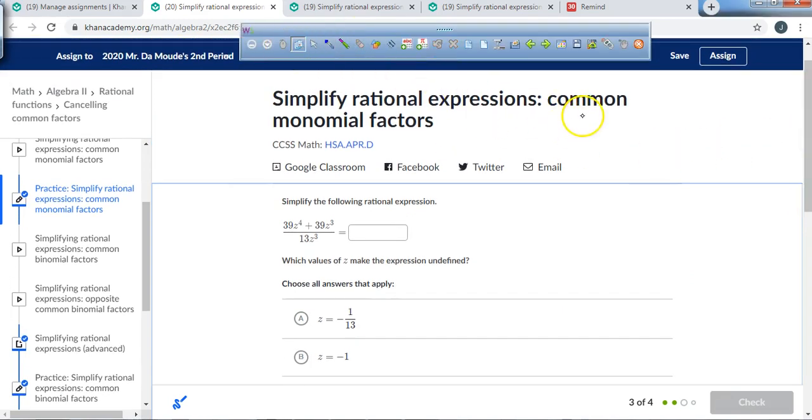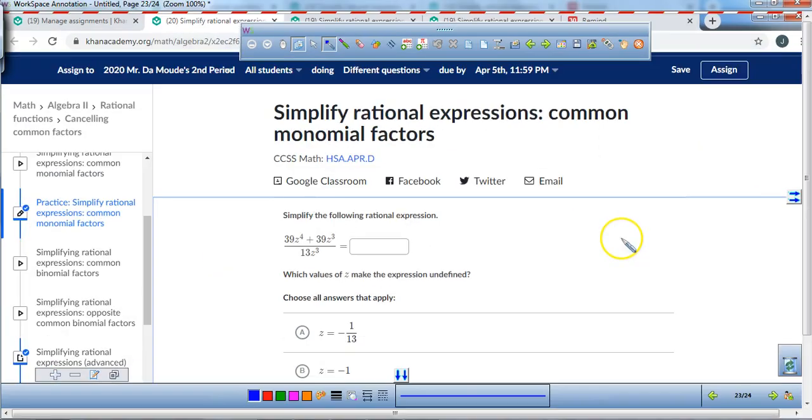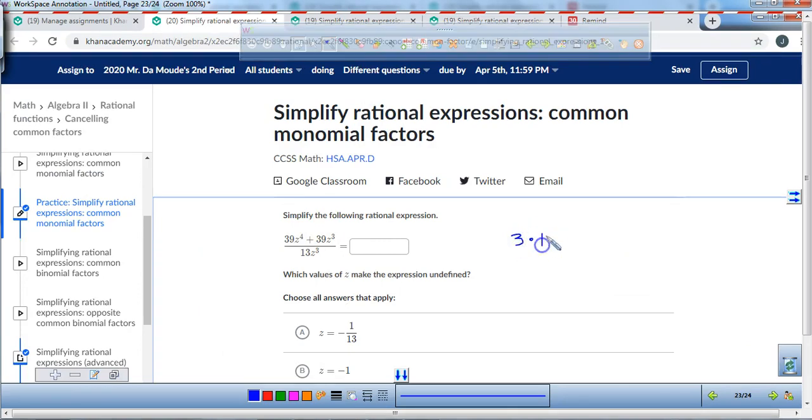We're going to find, once again, the common monomial factor. So 39 z to the power of 4 is broken down into 3 times 13 times 1z. I write my z's with little slashes so you don't think they're 2's.